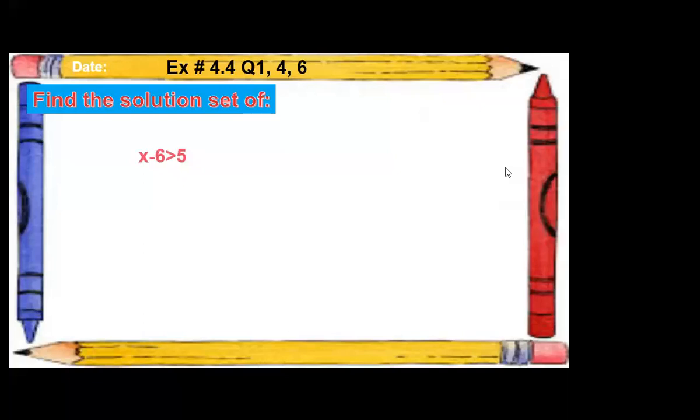Here Rida, Anamta, Sumaya, three students are raising their hands. Very good. So let's begin our videos. Students, is there any query, any question left?